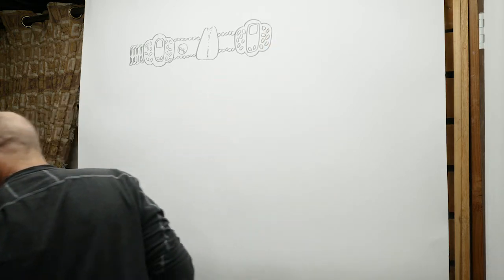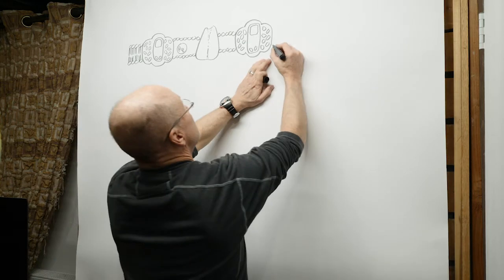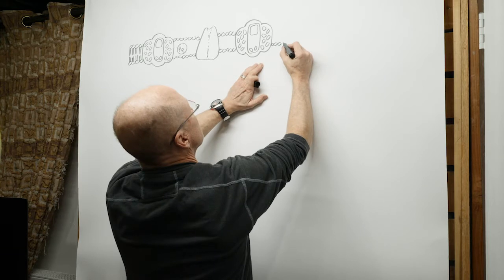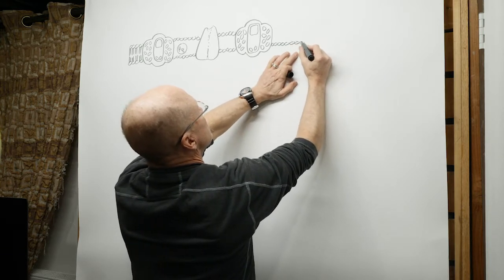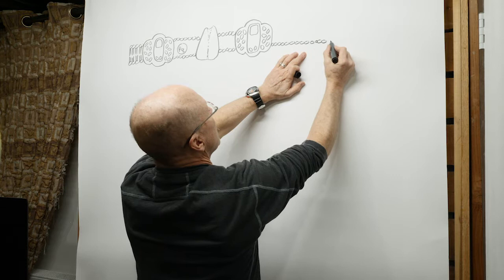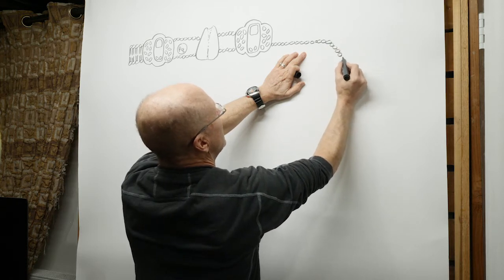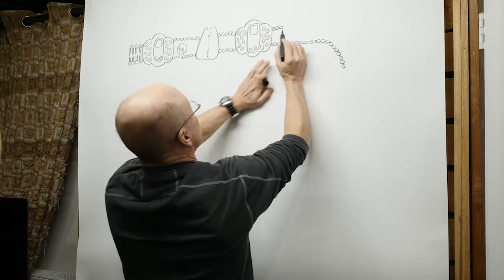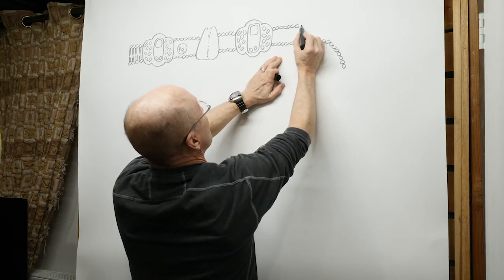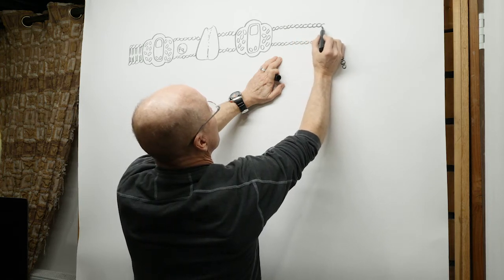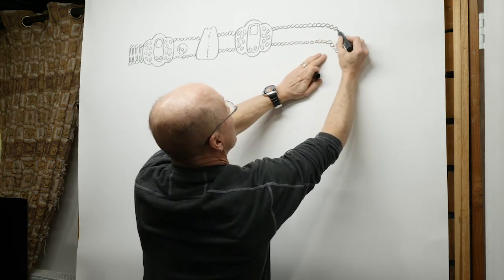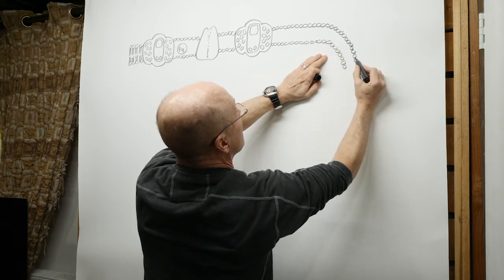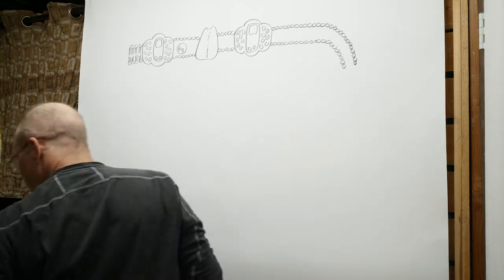Okay. We got a little bit more to squeeze in here. So now we want to take our thylakoid membrane around and start to bend it. That will be good. Okay, that's cool.